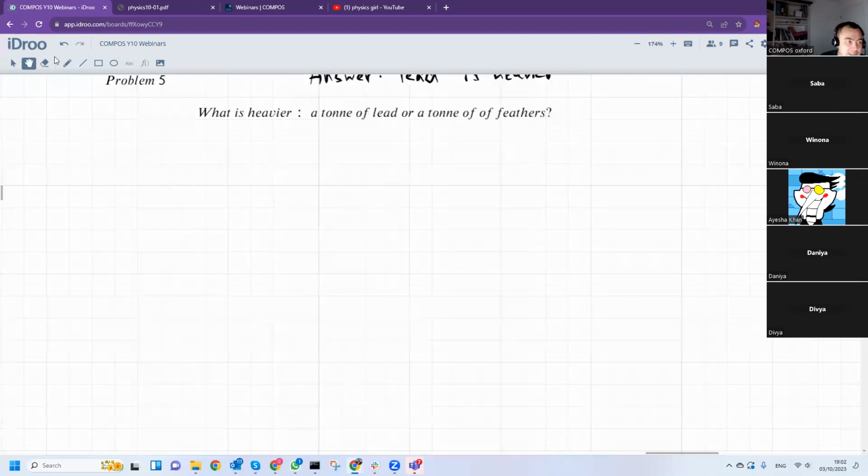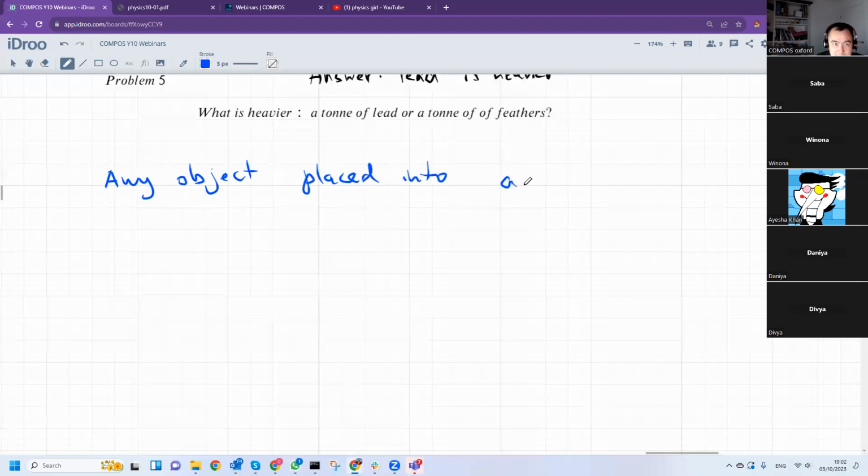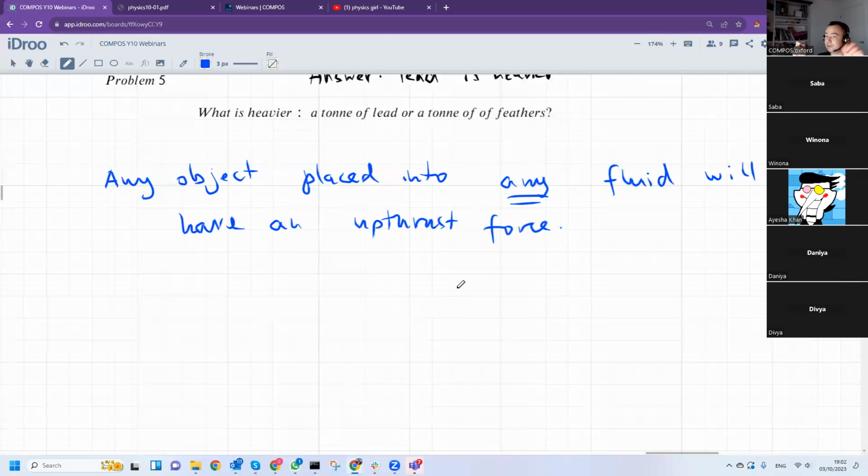So any object placed into any fluid will have an upthrust force. This upthrust force helps you lift things.